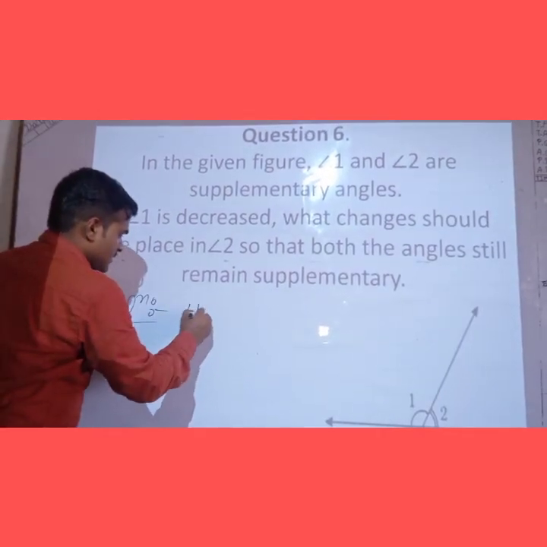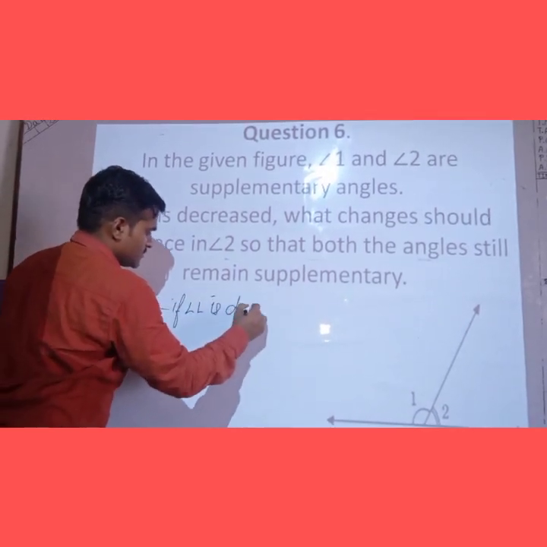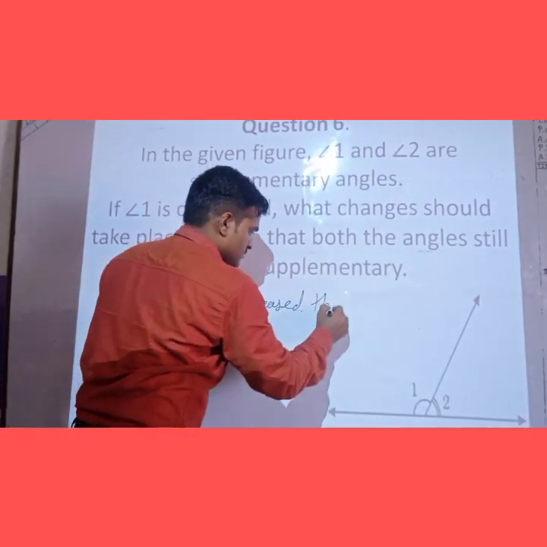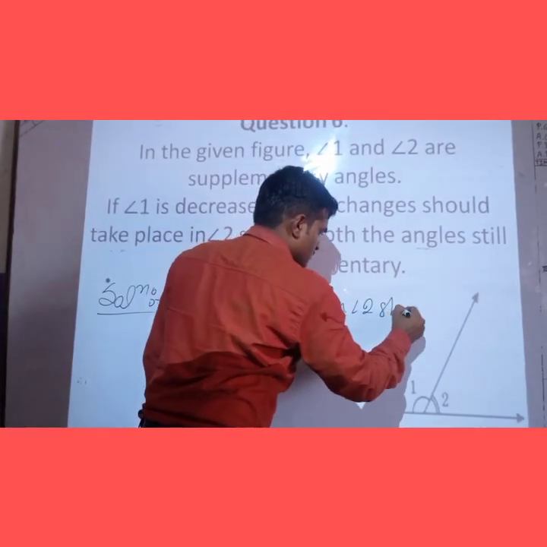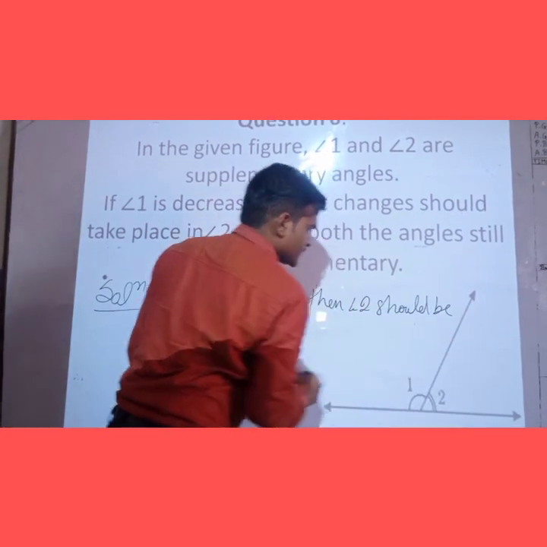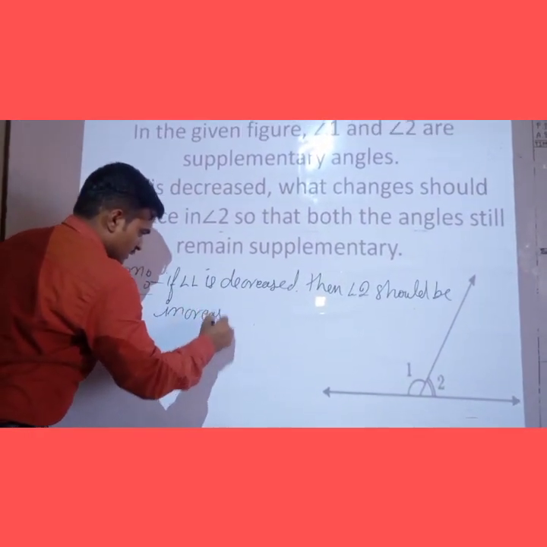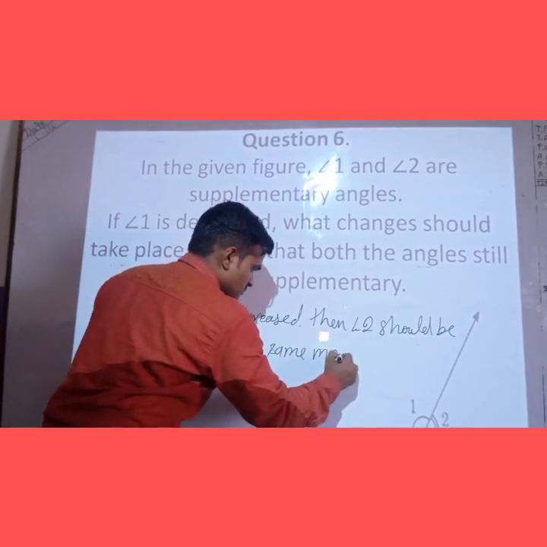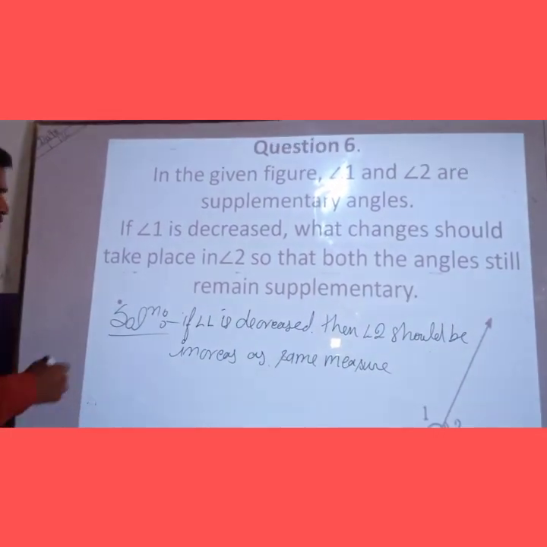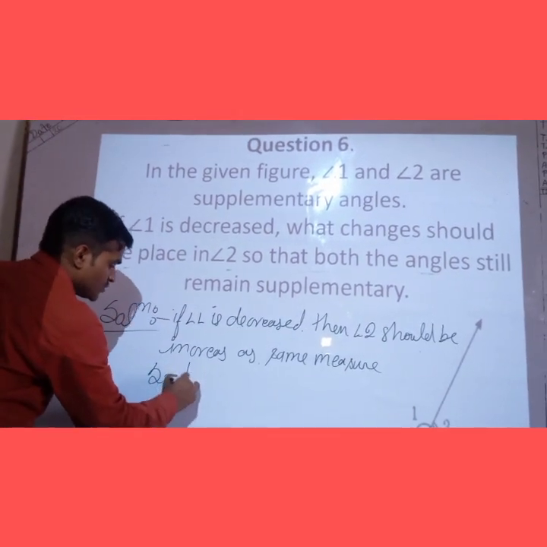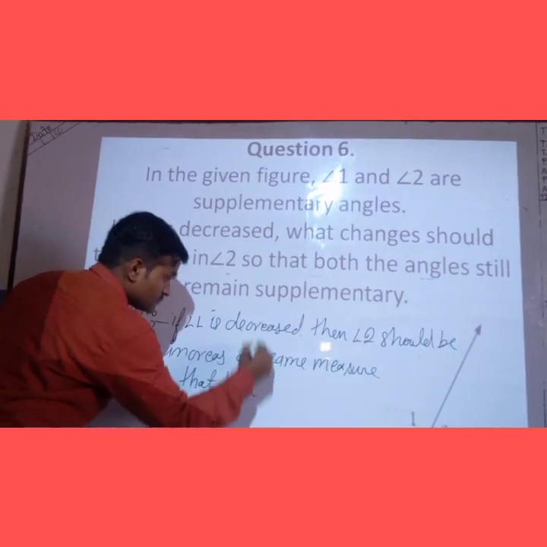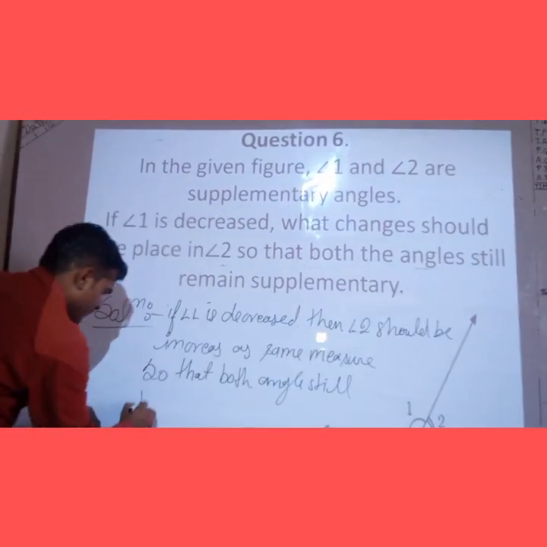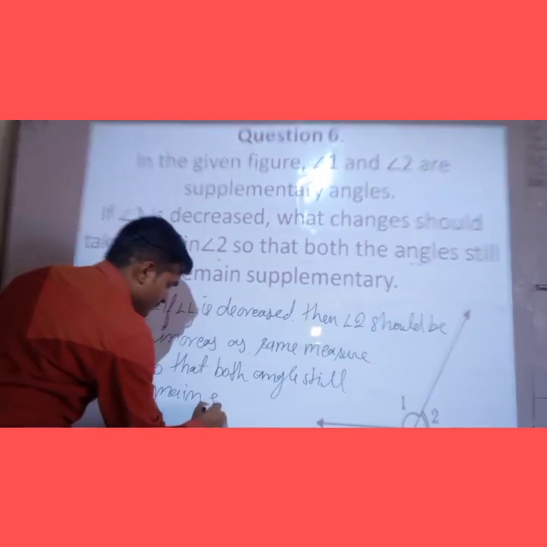If angle 1 is decreased, then angle 2 should be increased by the same measure so that both angles still remain supplementary.